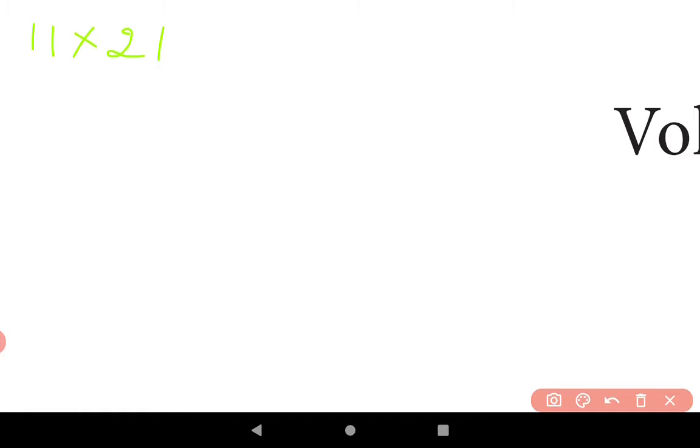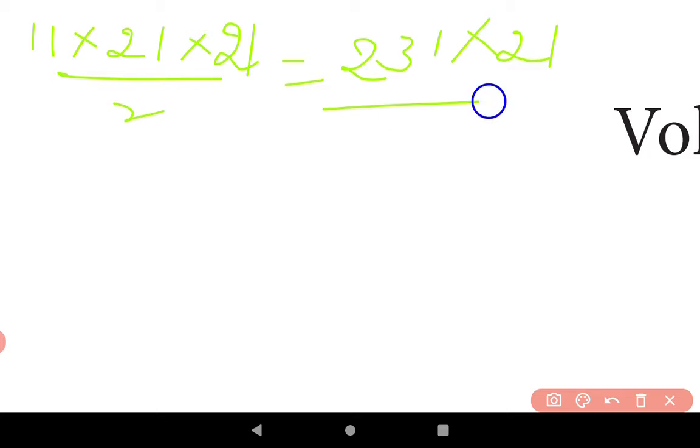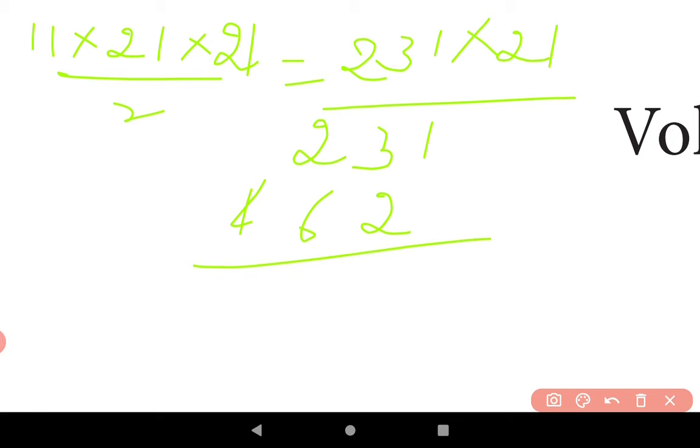Multiply 11 into 21, and I hope you will get 231. Then 231 into 21: 231 and 4620, which gives 4851.